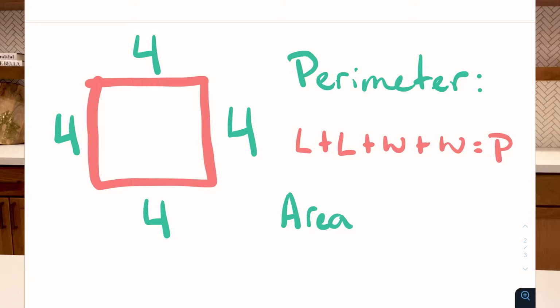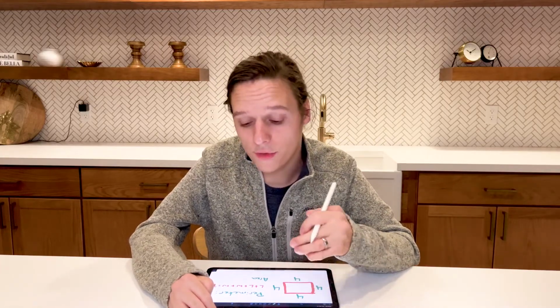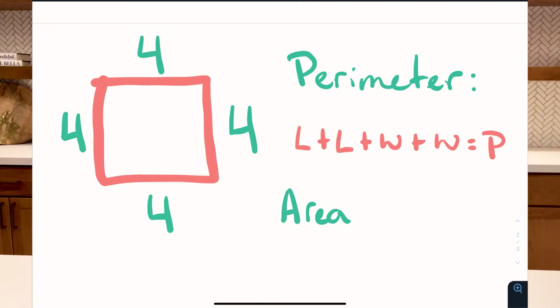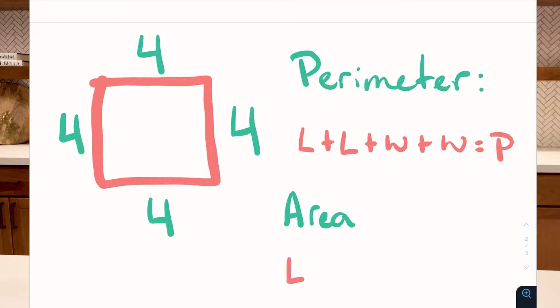As with what we just did, I'm going to have you go in and select right over here what you think the formula for area is going to be. What equation are we going to use to find the area? So I hope you chose the right one there. Our formula for area is going to be the length times the width.